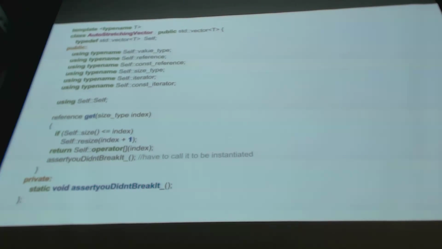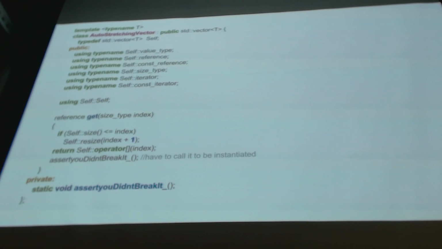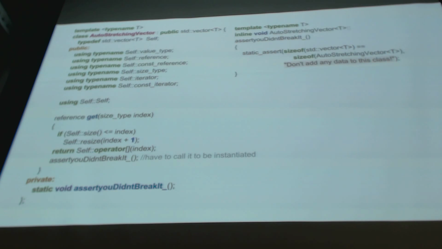To make it safe, so that you don't have, for example, a const reference to a vector while using this object, and then if you destroy the vector it causes some memory leak, we can assert like this. We can check that the size of the vector is the same as the size of this new vector.